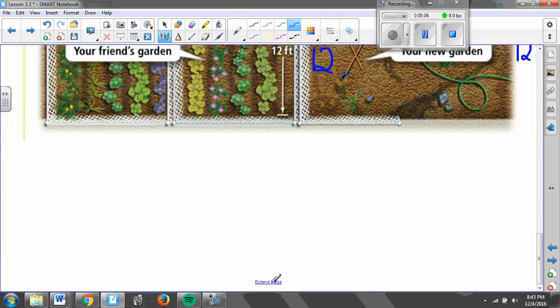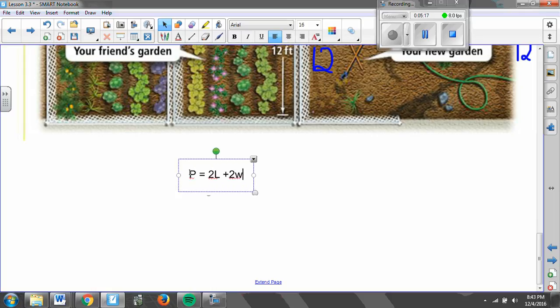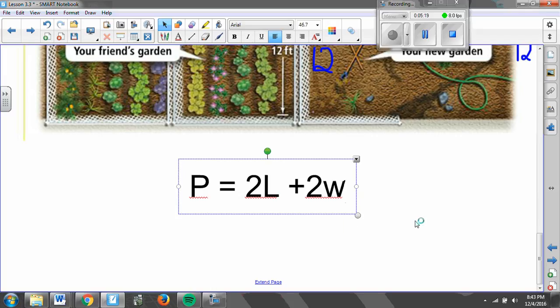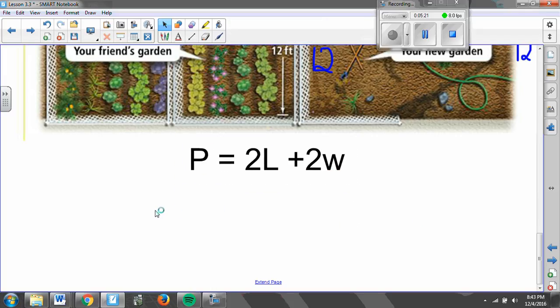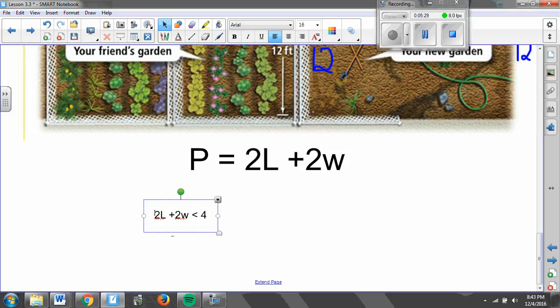So what we have to do is figure out an inequality or an equation for the perimeter of a rectangle. Perimeter is equal to 2 lengths plus 2 widths. So I know that 2 times length plus 2 times width is going to have to be less than or equal to 42.